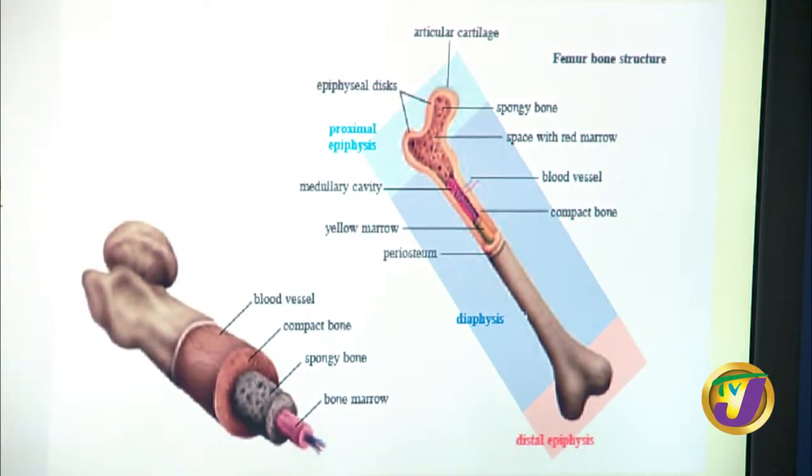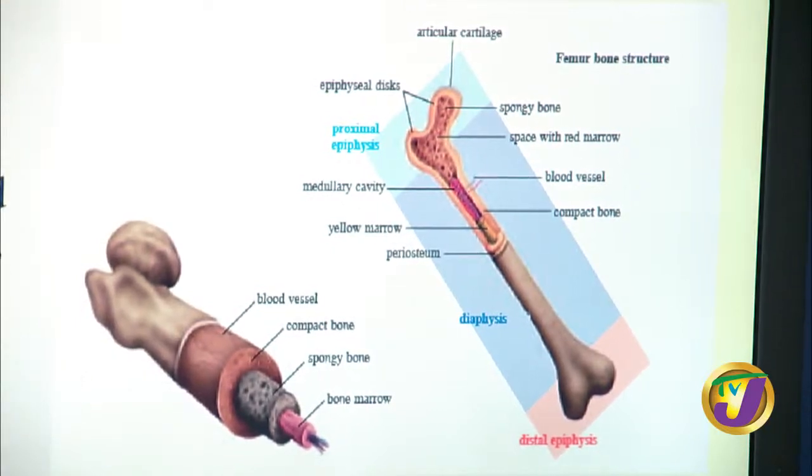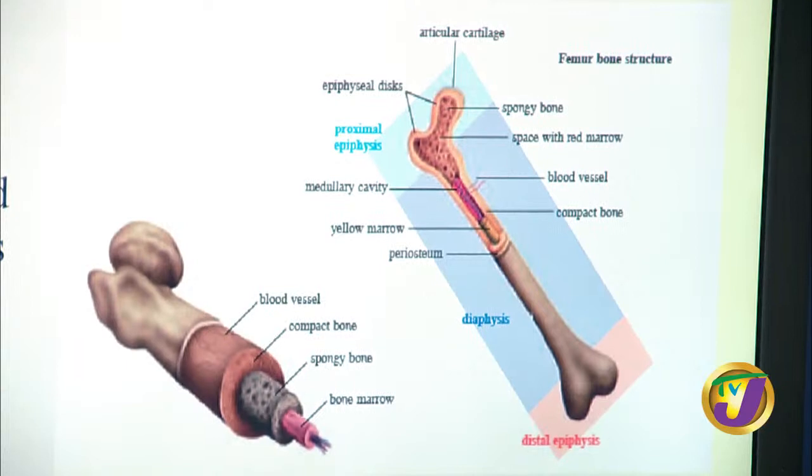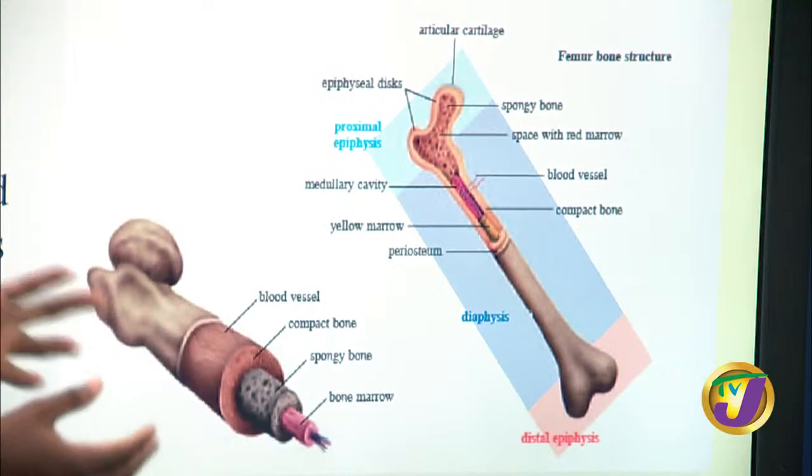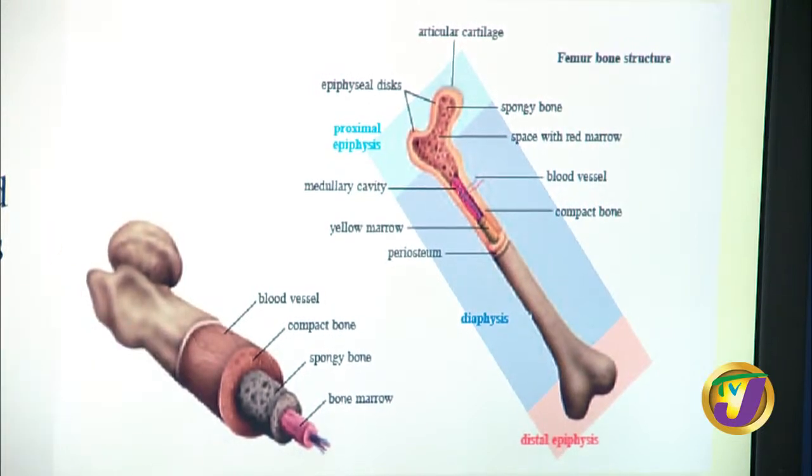At the epiphysis, you have the spongy bone, which helps to lower the density of the bone. Without the spongy bone, your bone would be quite heavy, and that would make movement a little bit difficult. That's why birds have a lot of spaces in their bones, so that it reduces the weight of the bone.